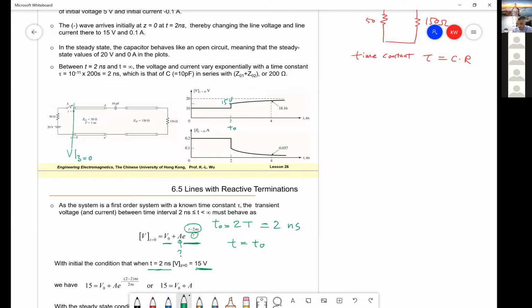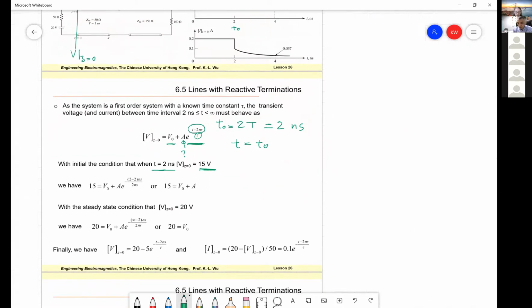From here, we substitute the initial time into this. That is our initial condition, 50 ohm. Oh, sorry, 50 volt.